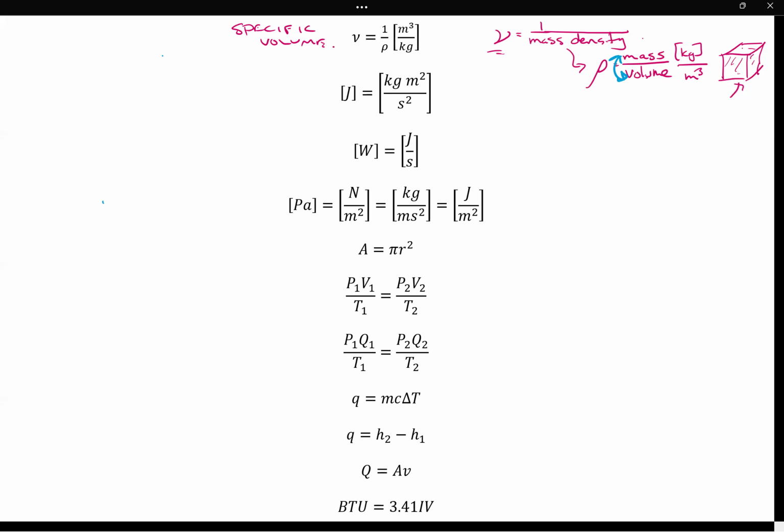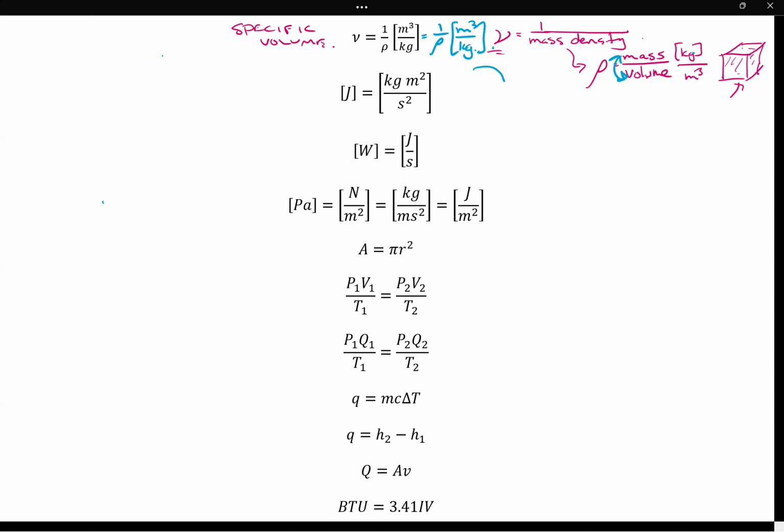Literally, as it says, it's 1 over mass density. Therefore, since mass density is kilograms per meter cubed, specific volume is going to be meters cubed per kilogram. Did we need to invent a new unit for 1 over mass density? Probably not, but that's what that one is.